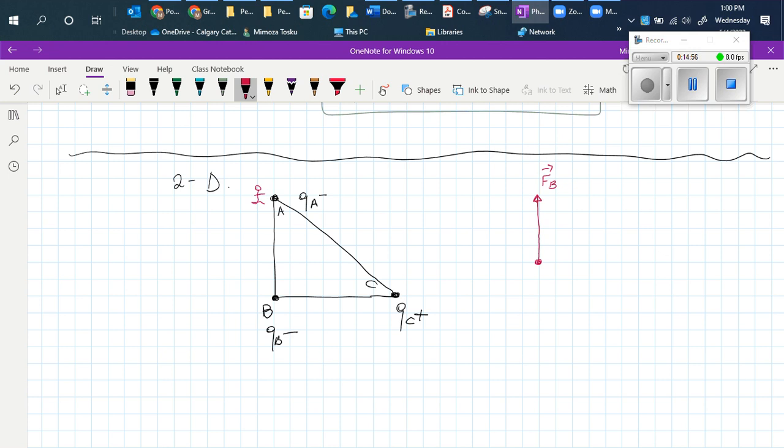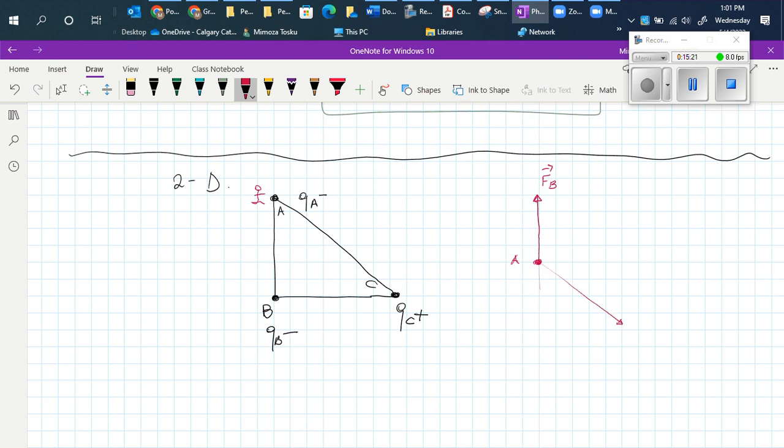And then you say, what is happening between QA and QC? What is the nature of the electrostatic force? Is it attraction or repulsion? Since the nature of the charges is opposite, it will be attraction and will be along those lines.